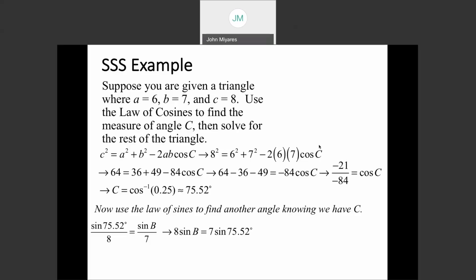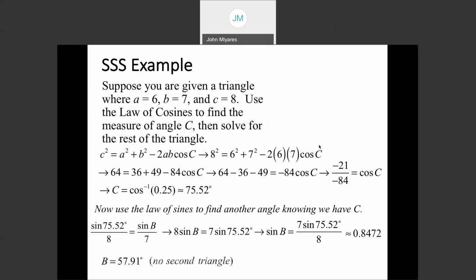So you have 8 times the sine of B equals 7 times the sine of 75.52 degrees. We'll then divide both sides by 8 and then punch that into the calculator to reduce, and it becomes 0.8472 equals the sine of angle B. Taking the inverse sine of this gives us angle B equals 57.91 degrees.